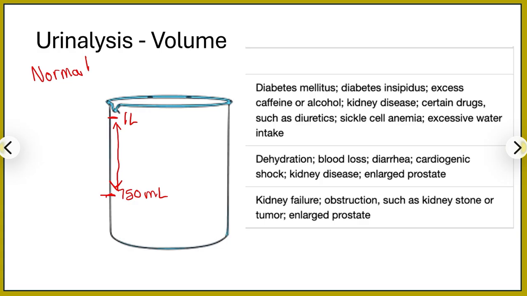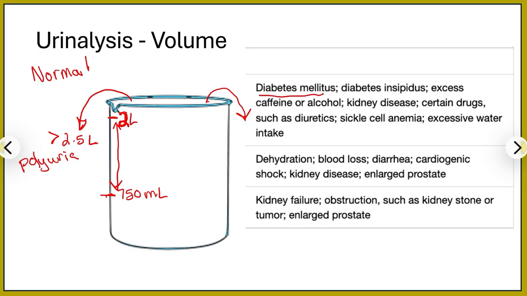Polyuria, so if we're getting significantly more, I should put 2 liters because 2 liters is the limit of the normal level of urine. Polyuria is if it is greater than 2.5 liters in a single day. There are several things that can lead to polyuria.